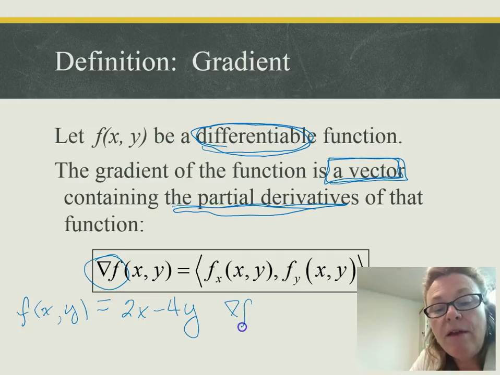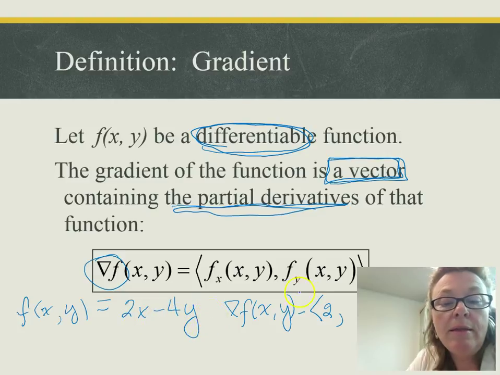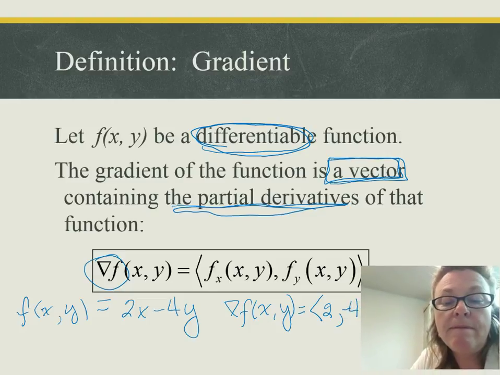The gradient of f of x and y would be a vector. In the x component, I take the partial derivative with respect to x. In this case, that would be 2. The y component would be the partial derivative with respect to y. In this case, that would be negative 4. And this would be my gradient vector.